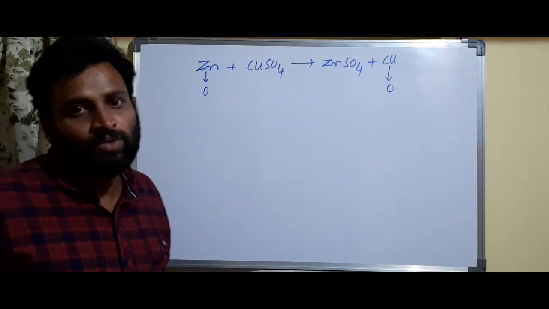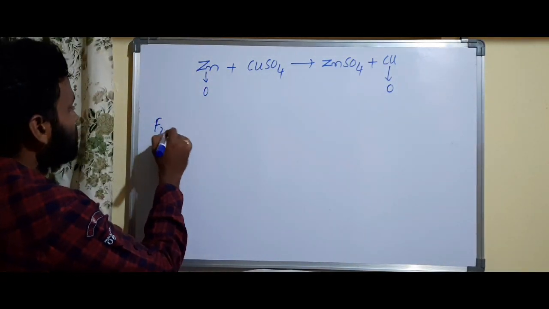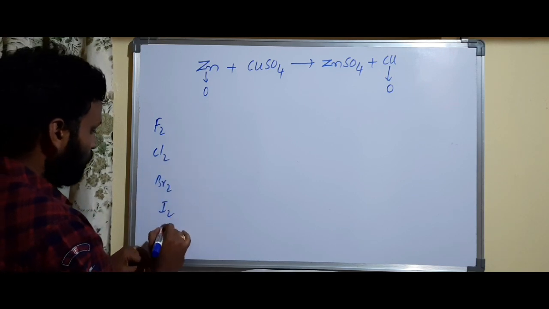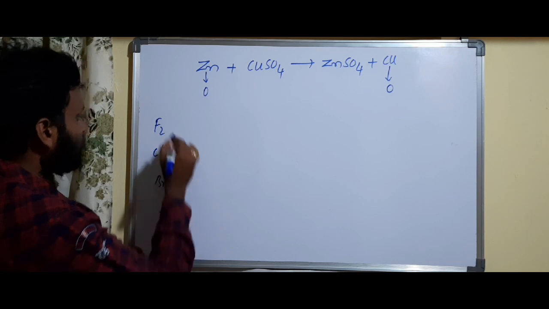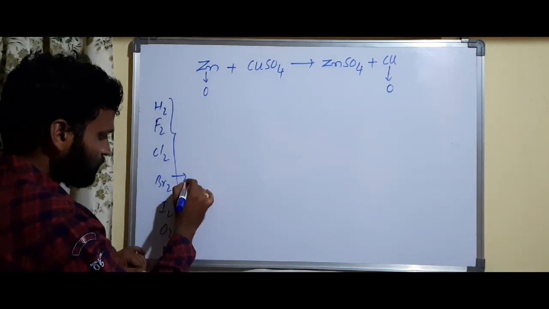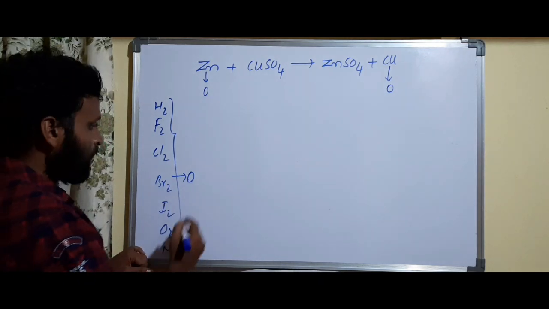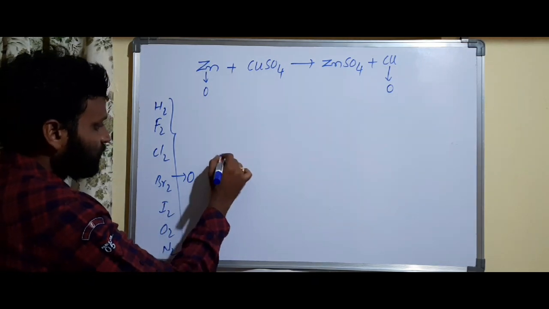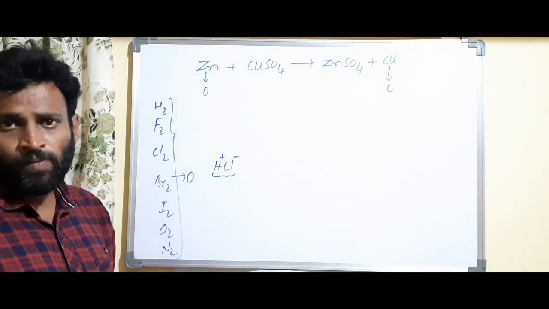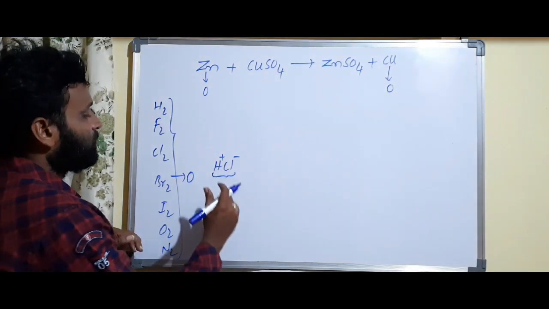Here zinc alone, so 0. F2, Cl2, Br2, I2, O2, N2, H2: these all have charge 0. But as HCl, H+ and Cl-, because it's combined. Understand? So that is very important.